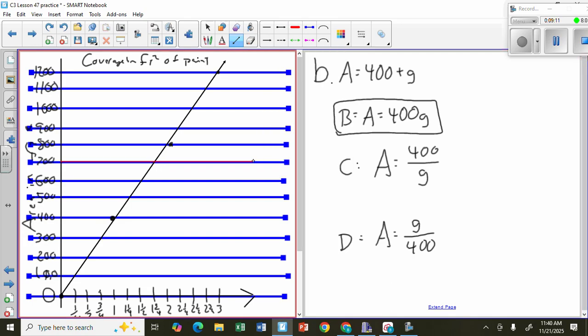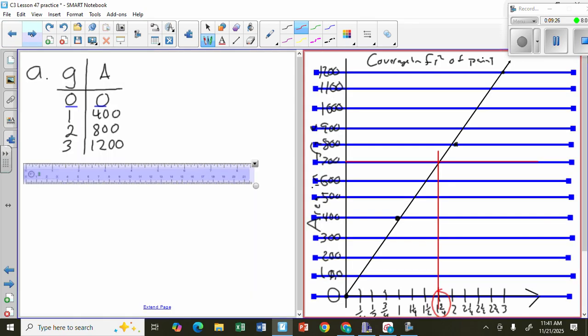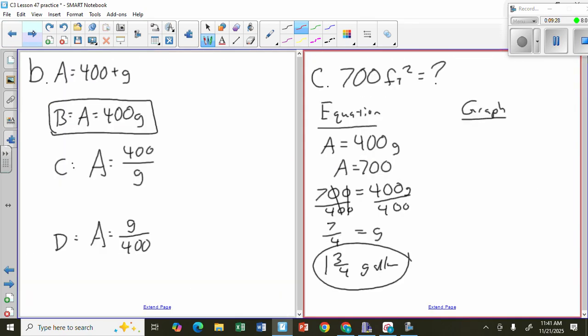I'm going to draw a line over, and then with my ruler, I'm going to draw a line straight down. Our graph is pretty accurate. Where does it cross? At 1 3/4. So we can use the equation or we can use the graph, but either way, we should get an answer of 1 3/4 gallons.